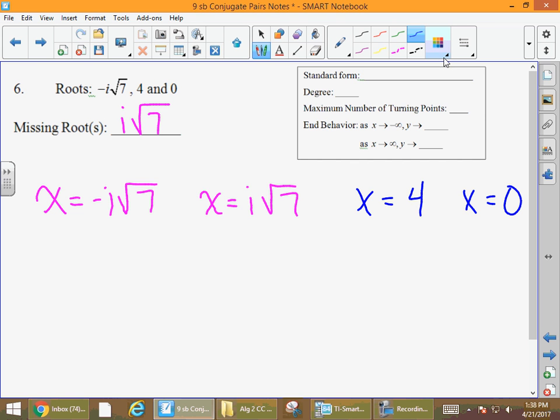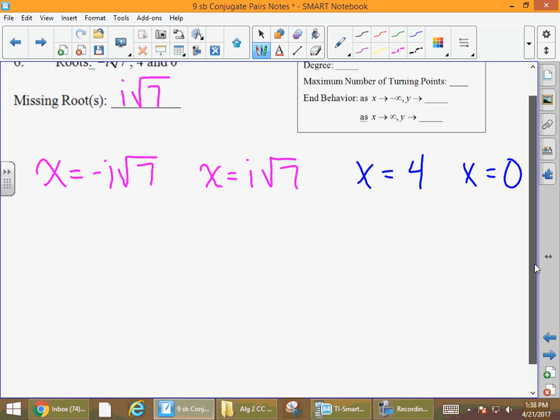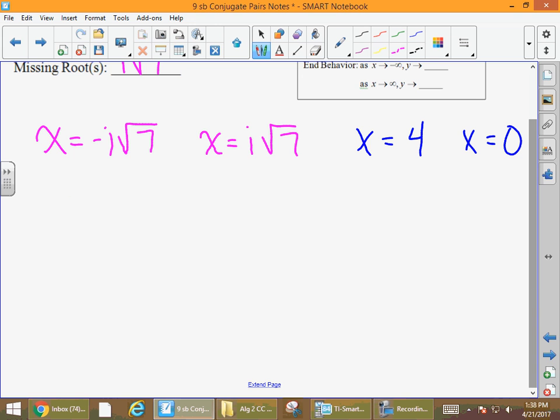And what we do with that is we can say x equals plus or minus i radical 7. The good news on this problem is the plus or minus is isolated already. So we can square both sides.